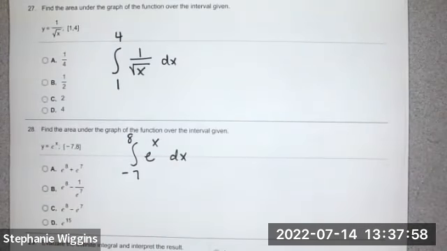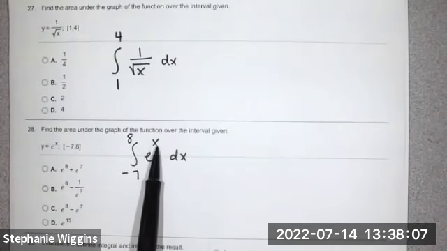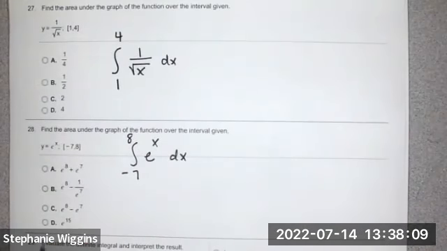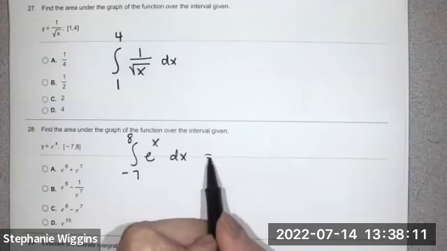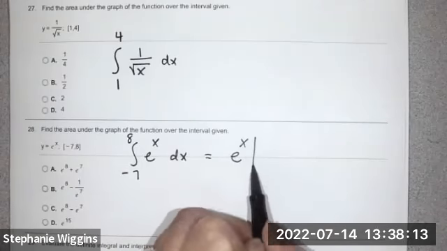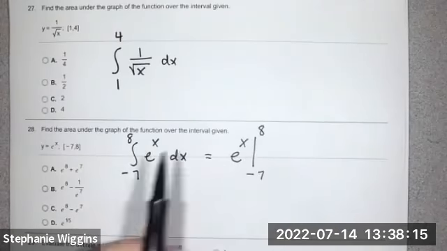Remember for exponential functions, you just copy what you see and then divide by the derivative of the exponent. Here, the derivative of the exponent is 1, so that's not going to change anything. So this is just e to the x evaluated from -7 to 8.